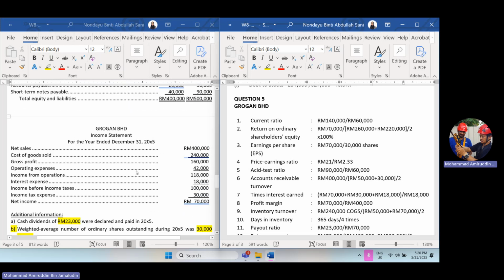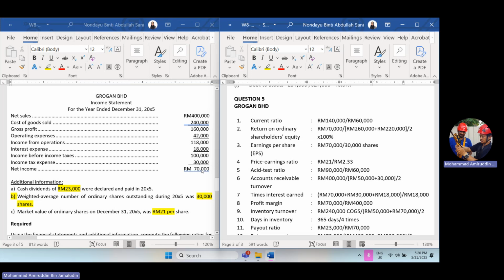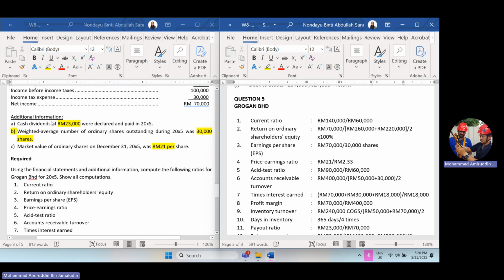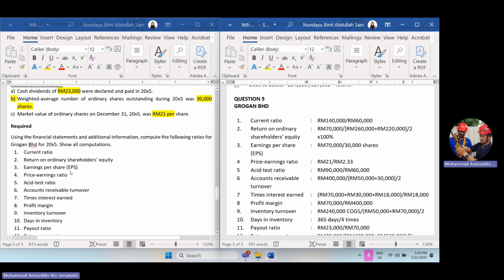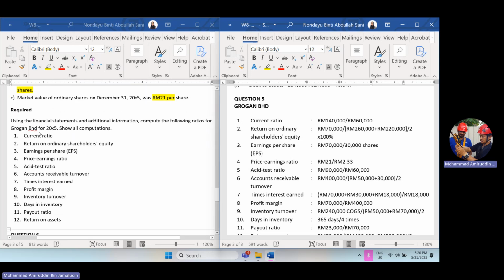The company generated net profit, net income, of 70,000. In the additional information, the cash dividends paid are 23,000, the number of shares is 30,000 units, and the share price is 21 ringgit per share. We need to compute the following ratios for year 20x5 only.